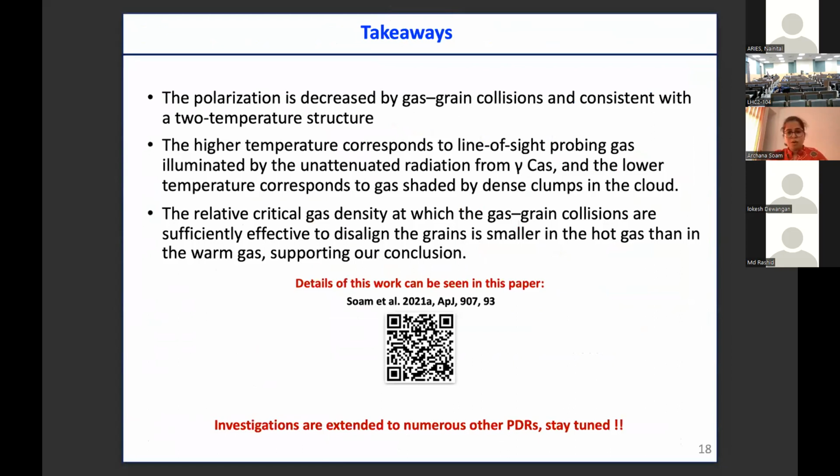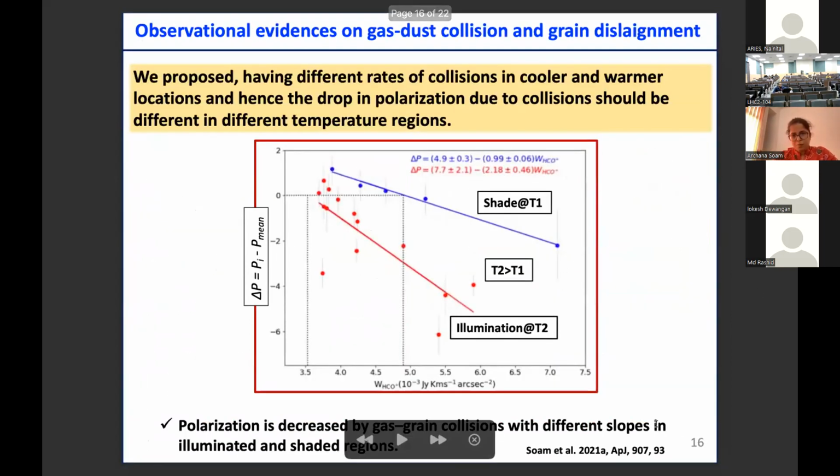So these are the conclusions of this study, where I'm trying to say that polarization is decreased by gas grain collisions, and it is consistent with the two temperature structure of the IC63 nebula proposed by Thi et al. Also, one more thing to notice in this plot: there are horizontal and vertical dotted lines.